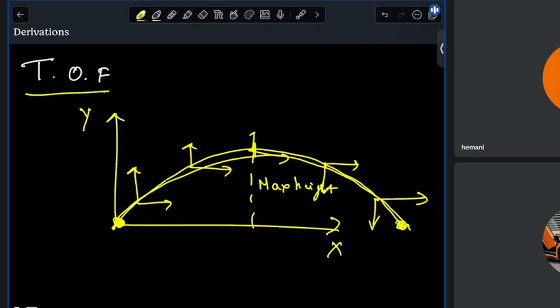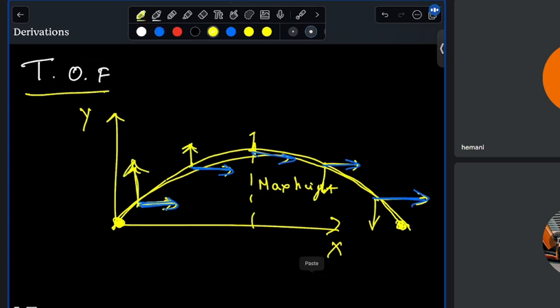Now, whatever is with respect to the x-axis, I think I'll use a different color right now, maybe blue. Whatever I marked in blue is always constant. You cannot change it. That is the force which is helping the ball to move from your left to right. But the other vector, the one which I drew on top, keeps on changing.